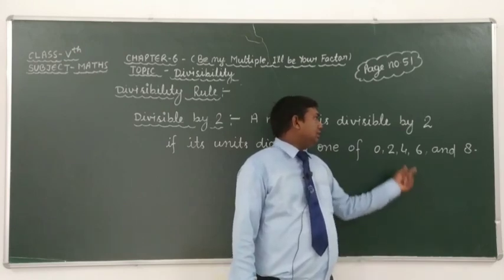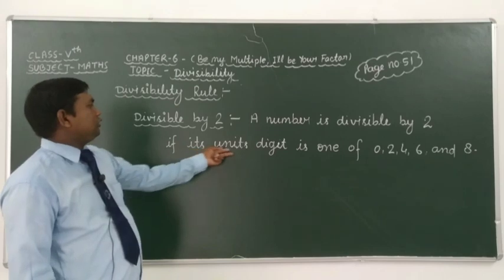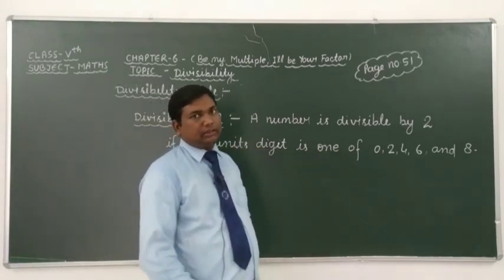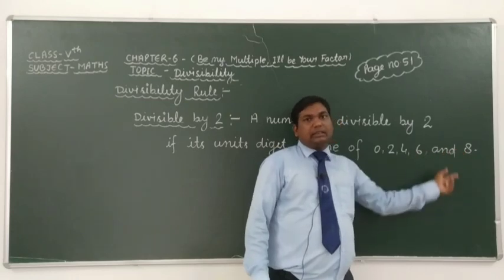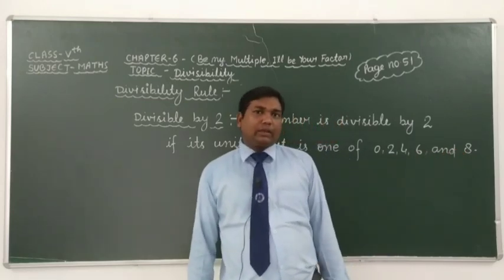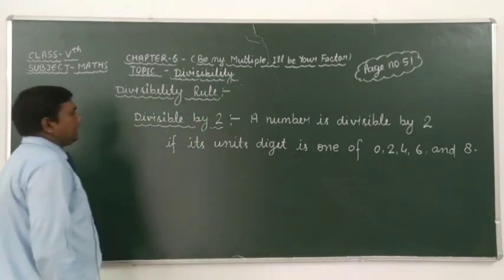Okay, students? Or we can say that a number is divisible by 2 if its unit digit is an even number. Okay, understand? Now let us consider an example.